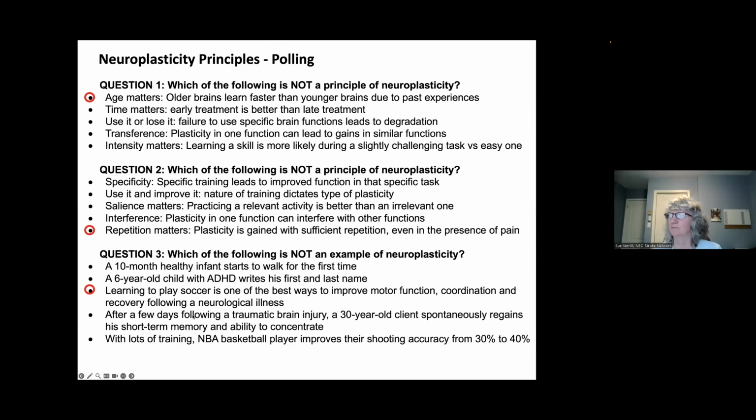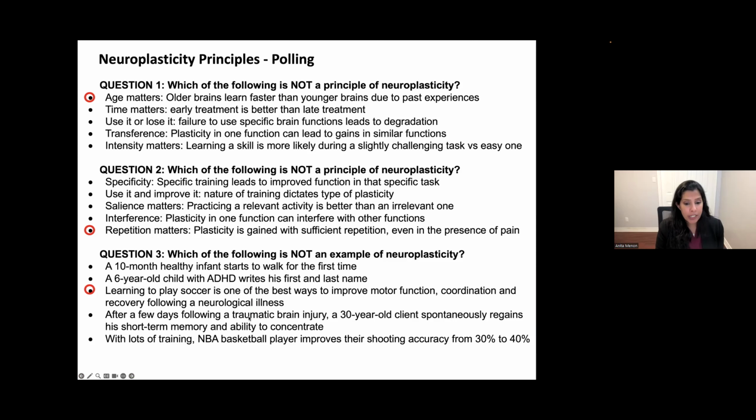Okay, so what happens is after a few days following a traumatic brain injury, a 30-year-old client spontaneously regains his short-term memory and ability to concentrate. That can definitely happen. This is an example of neuroplasticity where the brain can spontaneously regain short-term memory and concentration.